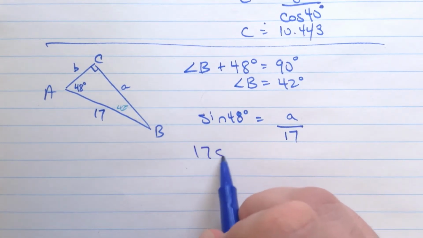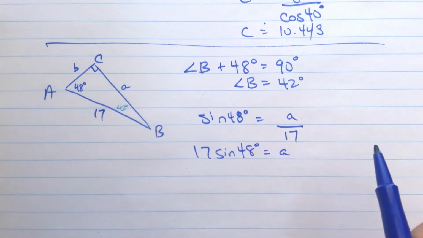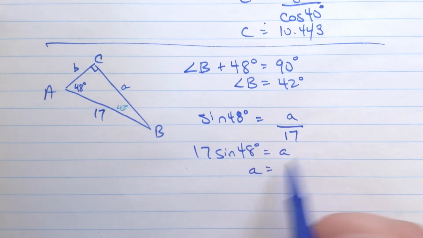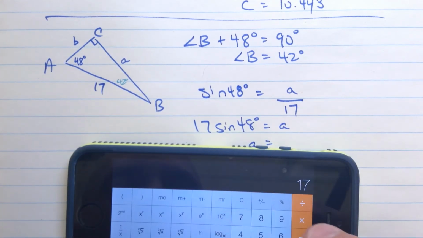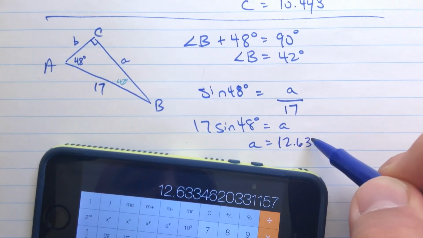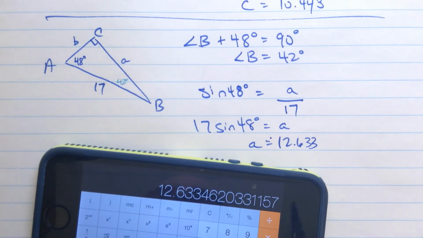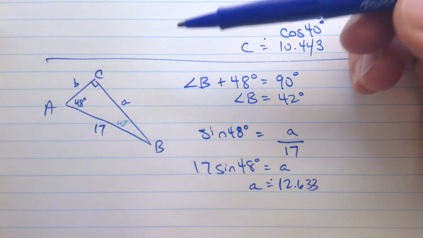So 17 times sine 48 equals a. And that means, let's just finish this off again, 17 times 48, press the sine key, press equals, a is 12.633 approximately. Okay, so we've been able to solve things in a couple of different ways.